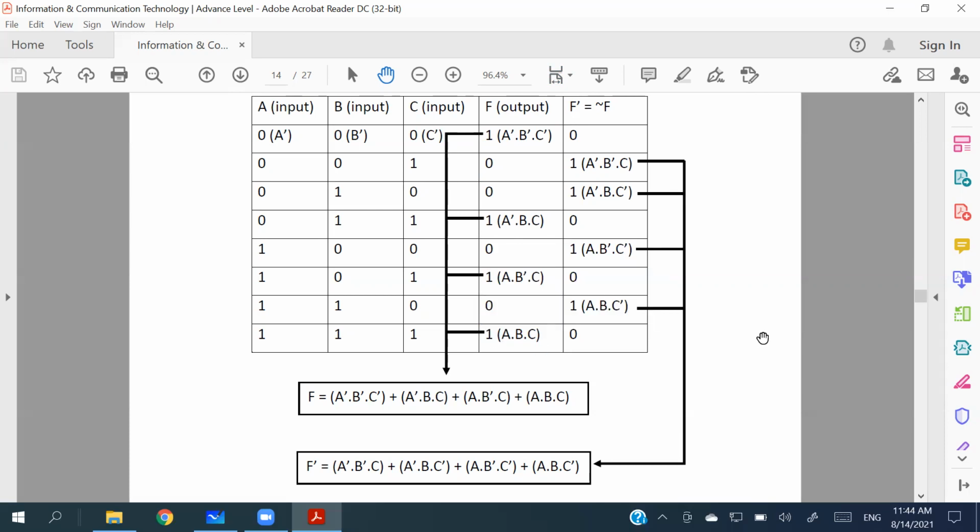The very last column is the complemented answer of F, that means the output, that means F bar, right? So you can derive the SOP for F as well as F bar, right?